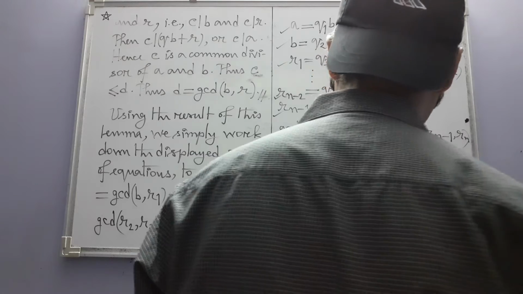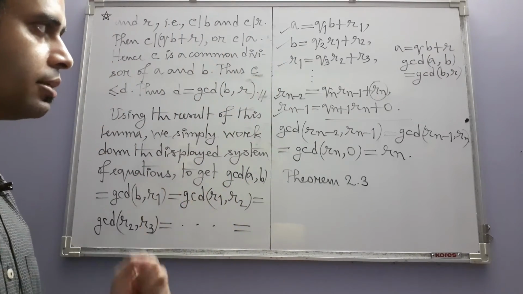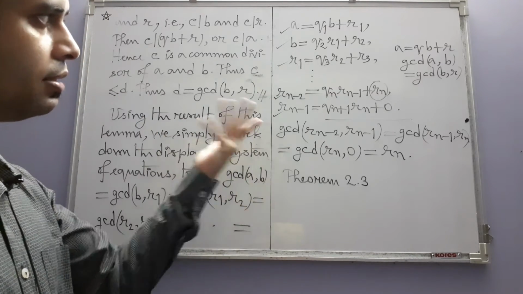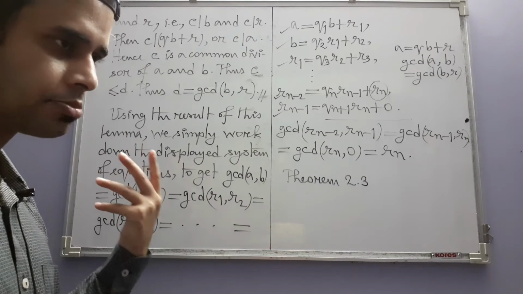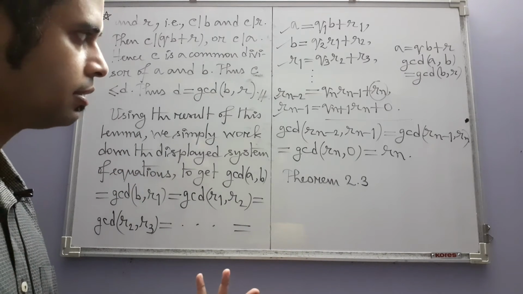So using Euclidean algorithm, you can get actually two things done. You can calculate the GCD, and then you can again use those equations to express the GCD as the linear combination of the integers of which you are finding the GCD.